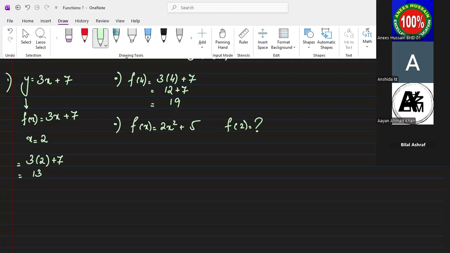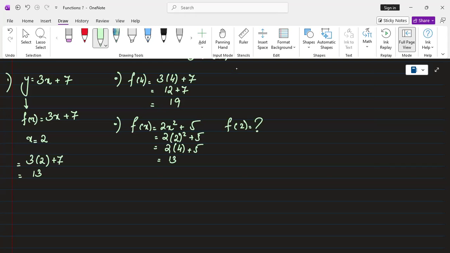Substituting 2, substituting the value of x to be equal to 2 and figuring out your answer. So what is 2 squared? 2 squared is 4, 4 times 2 is 8, 8 plus 5 is 13, right? It is as simple as this. You just need to plug in the values and find your answer.